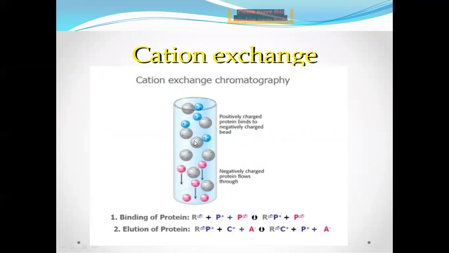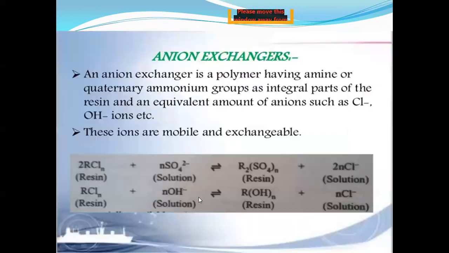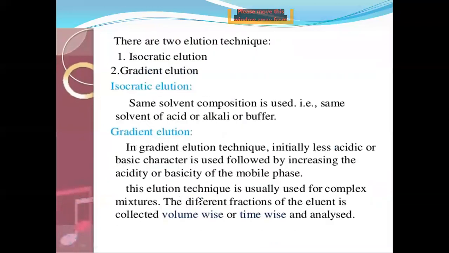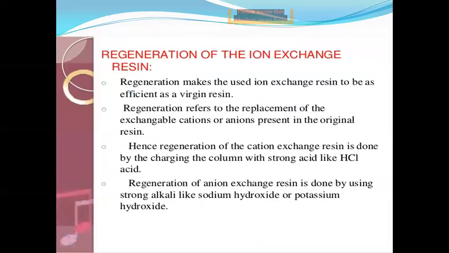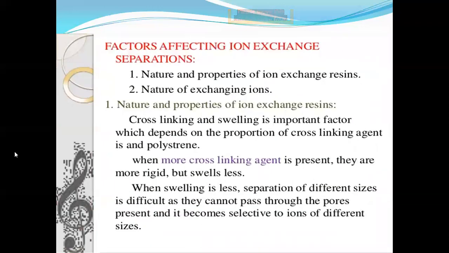If these resins don't have an adequate amount of cross linking agent, then the gaps, the pores, will be larger, and when the gap is larger, these ions easily percolate and diffuse very fast. At that time the separation becomes very, very difficult. So to avoid that, we need to add an adequate amount of cross linking agent, and thereby we can get proper swelling.